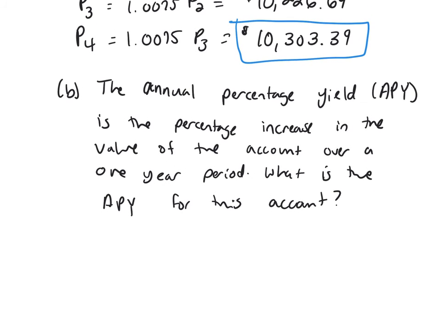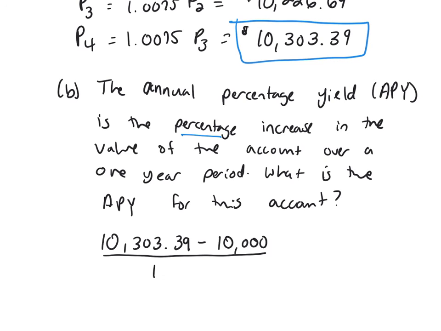Well, the first thing you're going to do is measure how much it increased over a year. So you're going to take that answer we got previously, $10,303.39, and you're going to subtract the initial amount in the account, which was $10,000. And because you want it to be a percentage increase, you're going to divide by the initial amount, which was $10,000.